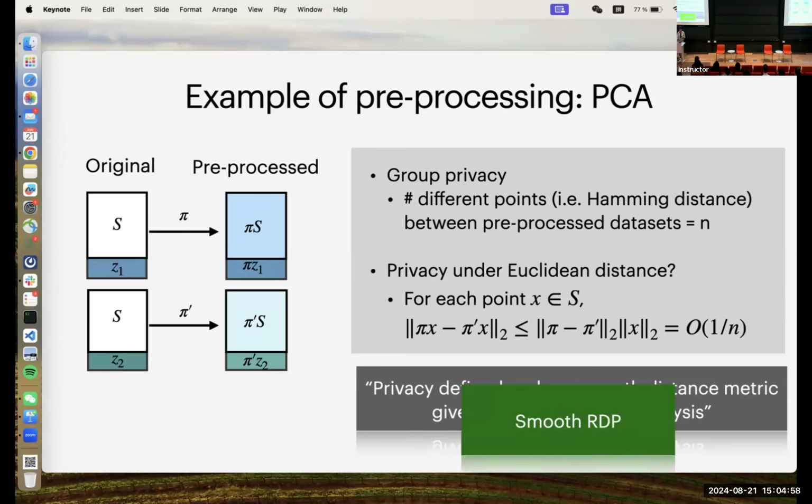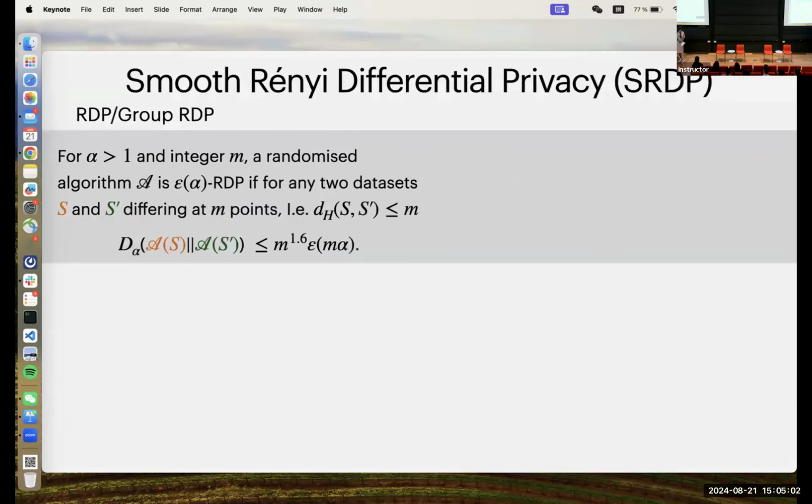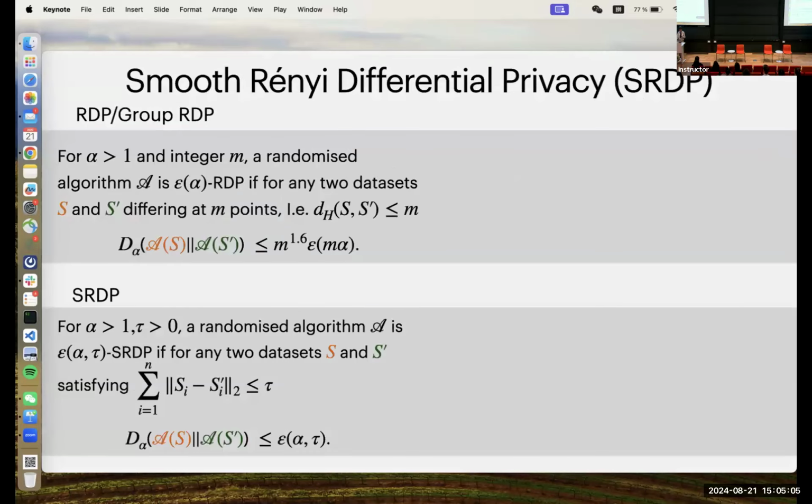So here we propose smooth RDP. The definition of smooth RDP is very similar to the original definition of RDP, and it also appears in many other works. It is related to metric DP, and it is also an instantiation of more general privacy frameworks like Pufferfish privacy. But here we are not considering datasets with bounded Hamming distance.